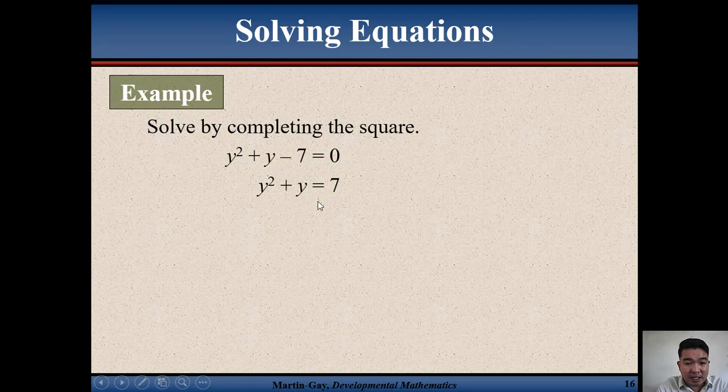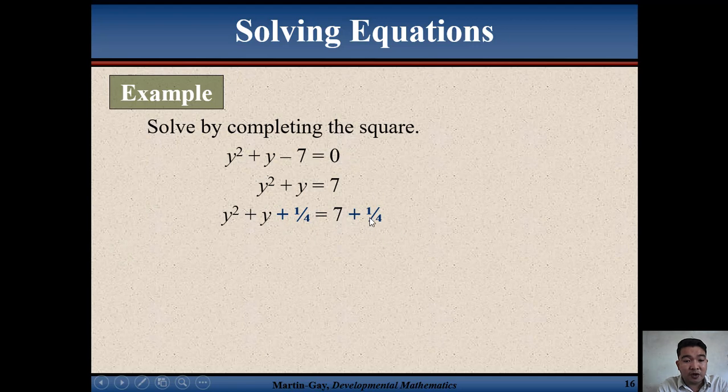And then we get 1/2 of the numerical coefficient of the y term. The numerical coefficient here is 1, and 1/2 of 1 is 1/2. And we get the square of that. 1/2 squared is equal to 1/4. So we add 1/4 to both sides of the equation.